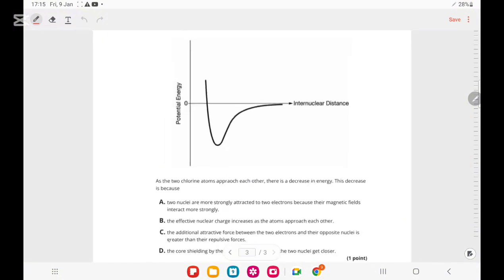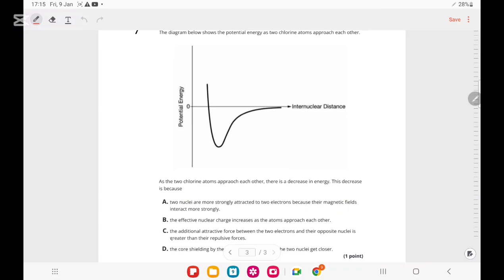So in this question, they have drawn a graph between the potential energy and internuclear distance. So what happens when two atoms are at a distance? Their potential energy is going to be minimum. Then what happens when they form a bond, and electrons are present here?